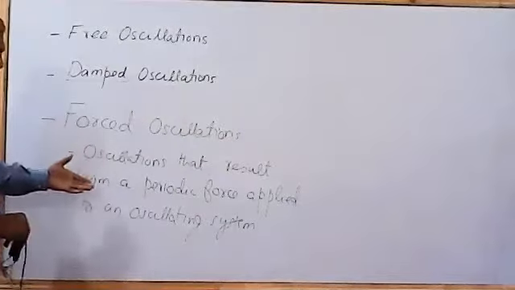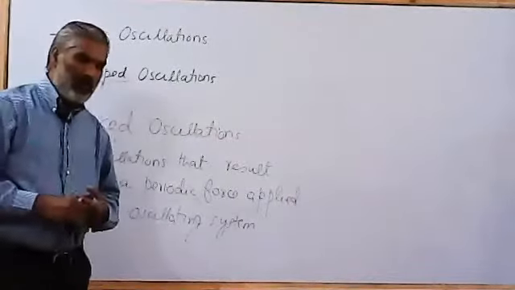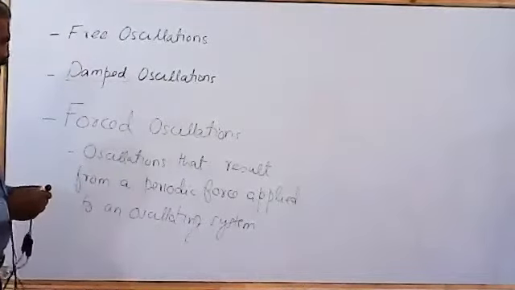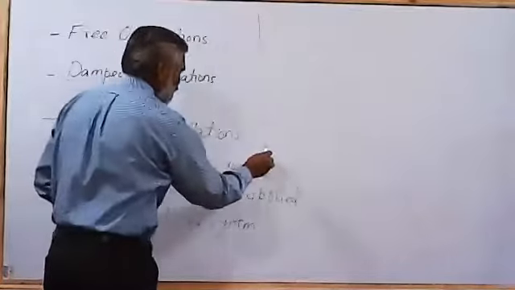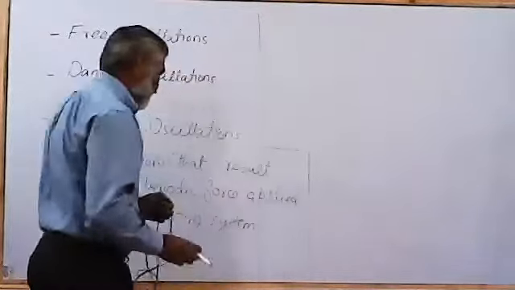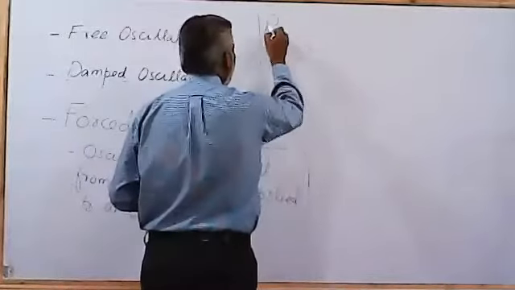But in this attempt, there is a phenomenon that we observe, and that is of interest. And in fact, that is the main topic for today's discussion. That phenomenon is known as resonance.